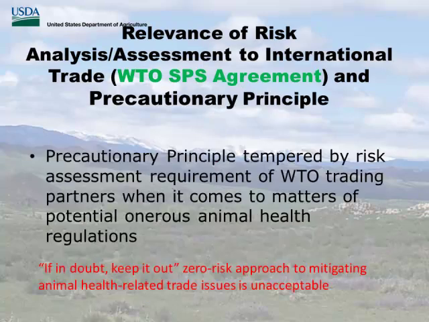The precautionary principle, as far as the WTO, recognizes that risk analysis and risk assessment are a very important part of it, and of justifying, especially for certain diseases, the regulations that a country can put in place. Again, they can't do it arbitrarily, or discriminate between one country and another country. They have to use it consistently. And that's basically what that says.